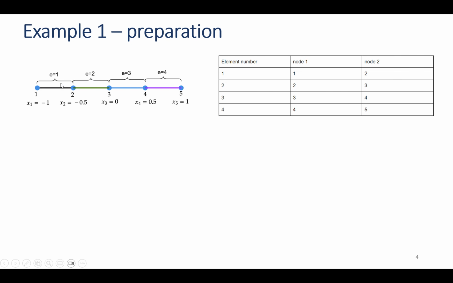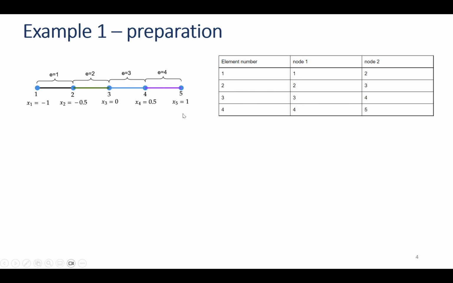So for this problem, element 1 is connected to node 1 and 2, element 2 is connected to node 2 and 3, element 3 is connected to node 3 and 4, and element 4 is connected to node 4 and 5. That's what this array represents. We use this array for performing element matrix and element vector assembly into the global matrix and global vector.